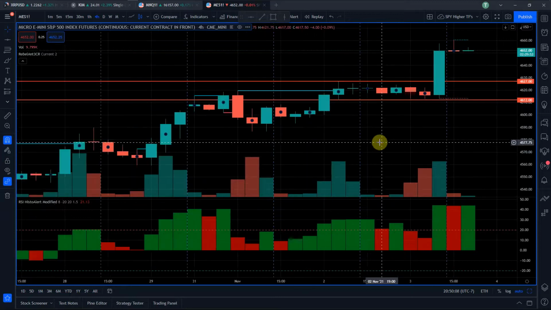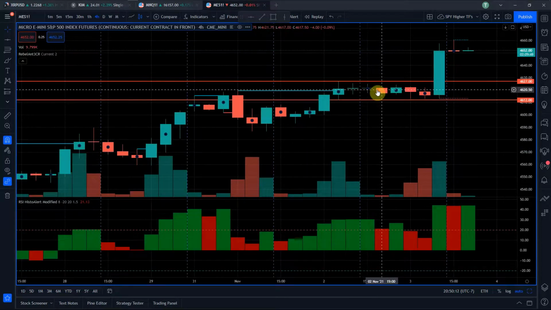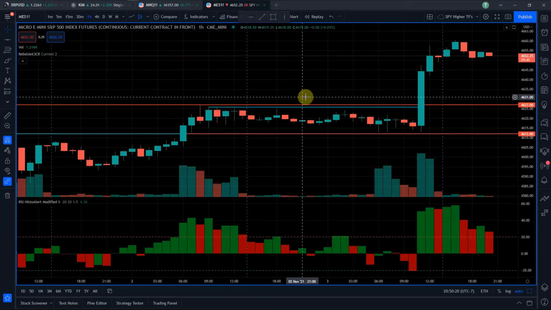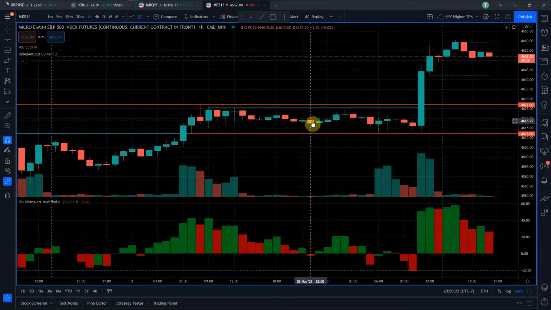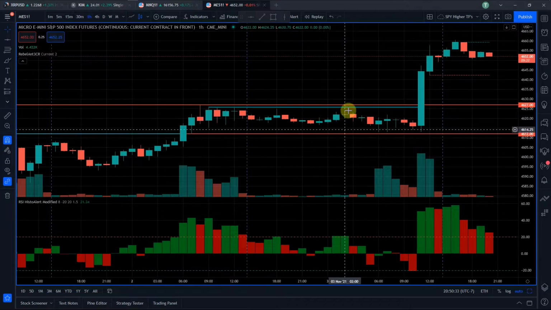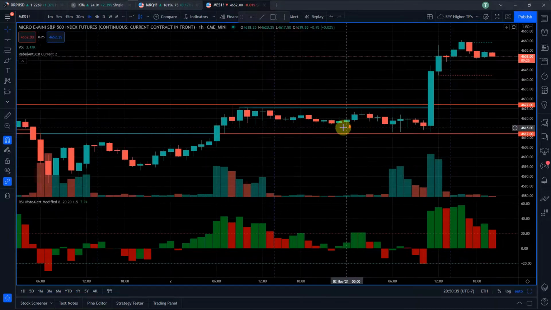I just want to see A or B, because within this area here, it's too choppy. I don't want to get caught up inside here, because once you look over at the 1-hour chart, you can see all these opens, all these closes, highs, lows. It's just too much. There's not enough space to trade through.